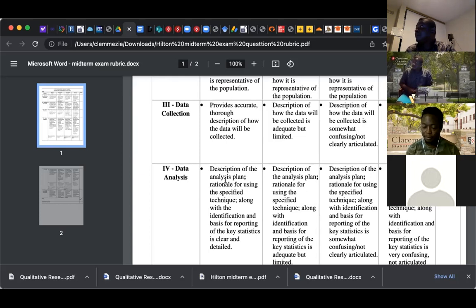When he went back to the professor, the professor asked him, how come you didn't mention the sample size? He said, I already have that, 200 cases. The professor told him, if you had mentioned that, you would be good, but you didn't mention it.